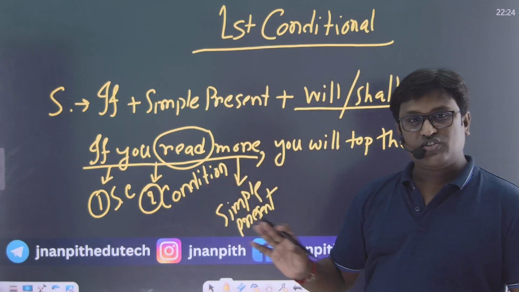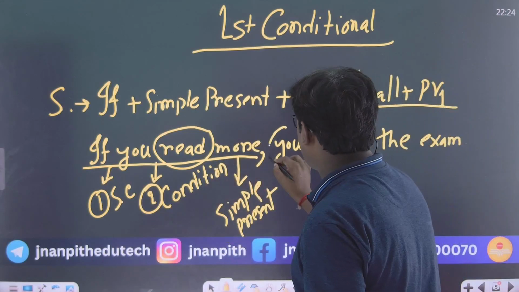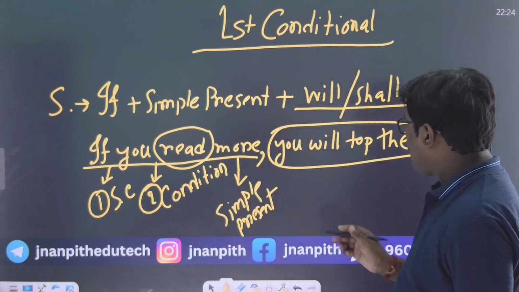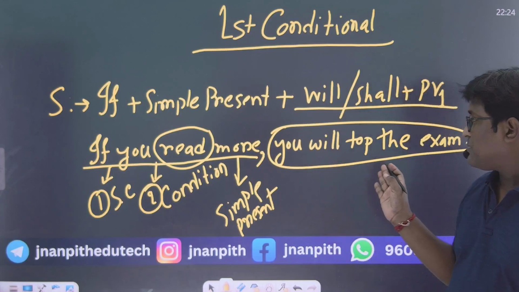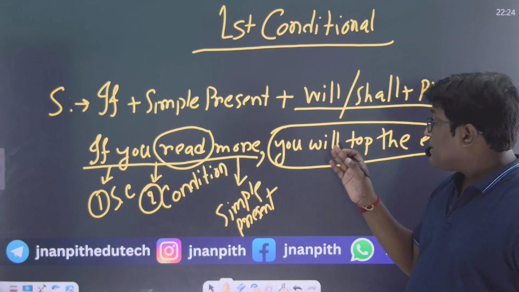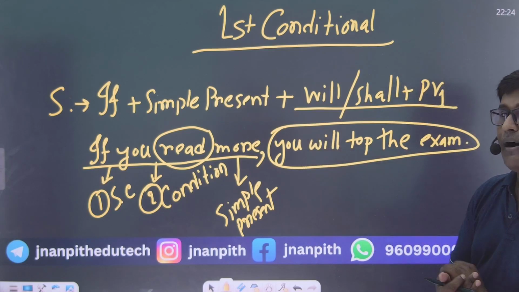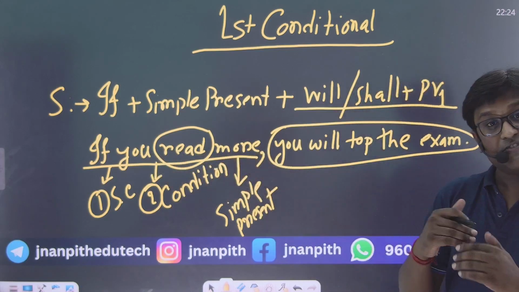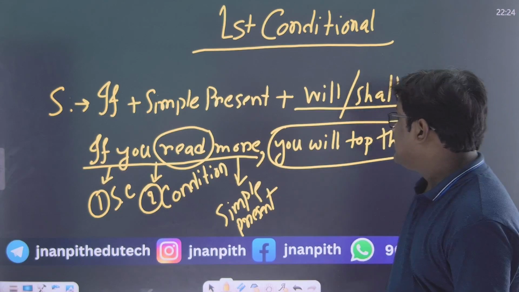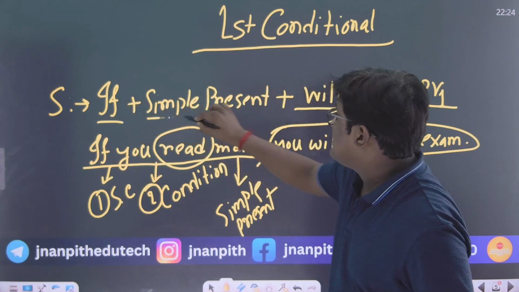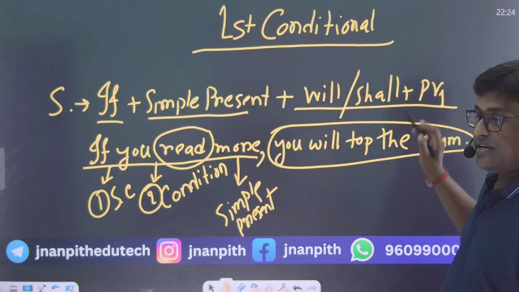So the if clause is done. Now the principal clause. I know you already know why this is a principal clause. I just want to remind you, simply because you will top the exam, that part can express its own meaning without the help of the if clause. Be clear about it. So the structure is if plus simple present plus future.